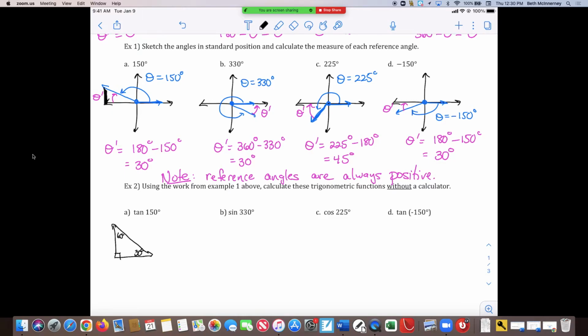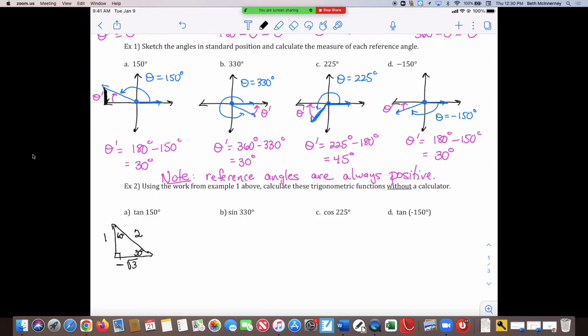Well, in a special right triangle, we can say across from 30 is 1, the hypotenuse is 2, and across from 60 is square root 3. The thing is, I'm in the second quadrant, and so I actually went left to the square root 3.